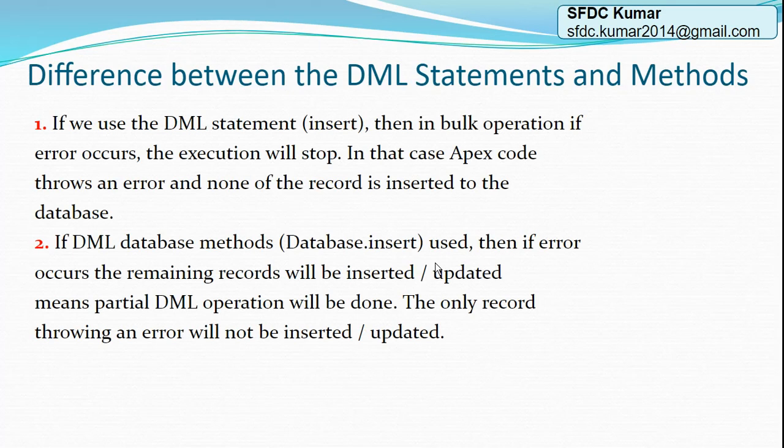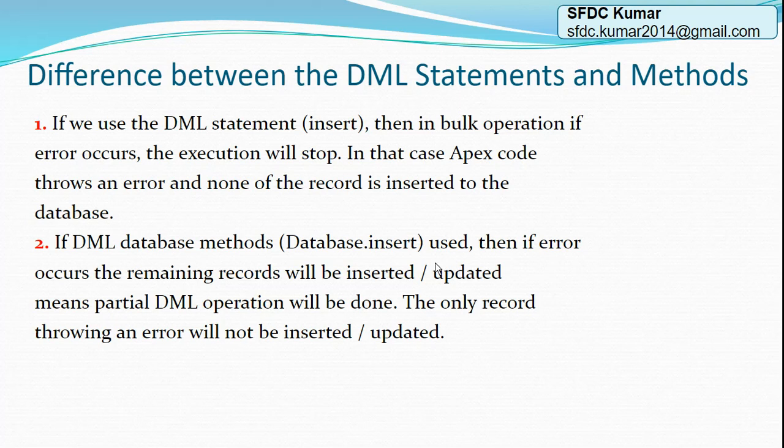So here we have the difference between the DML statements and the method. For example, we are going to insert 10 records in a single shot, like we already know with data loader and data import wizard, where we insert bulk data at a time. Out of 10 records, maybe the sixth or seventh record gets an error.